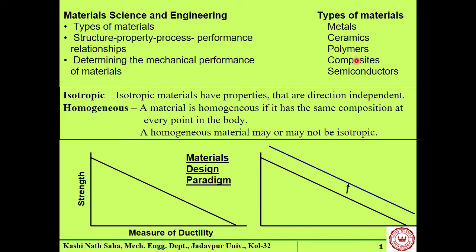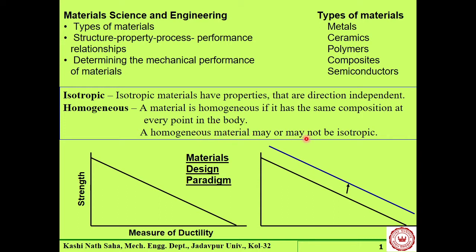In general, we can take those materials as homogeneous, not like concrete or other things which civil engineers use as such. Okay, that part we would be discussing. Now there are these two properties. Homogeneous means the material has the same composition at every point in the body in general.